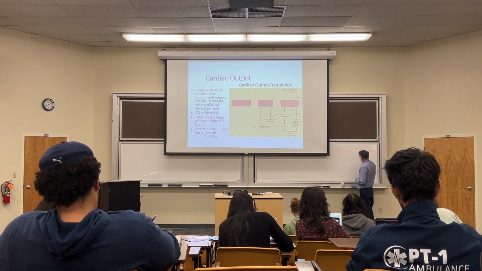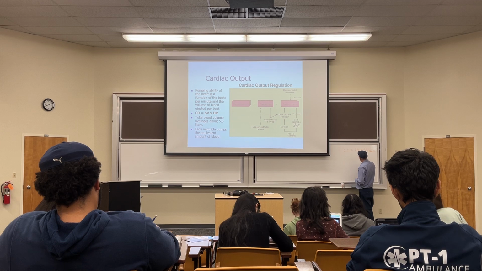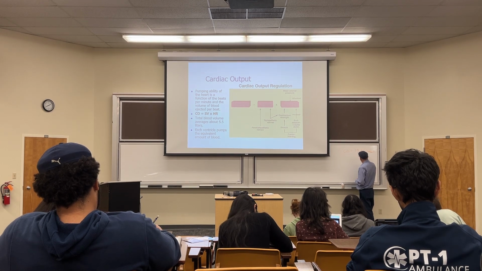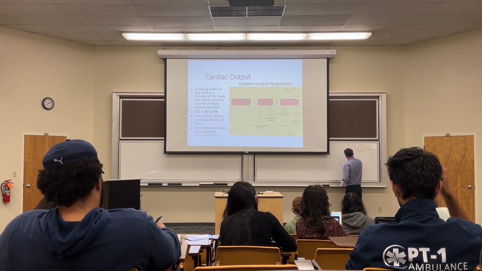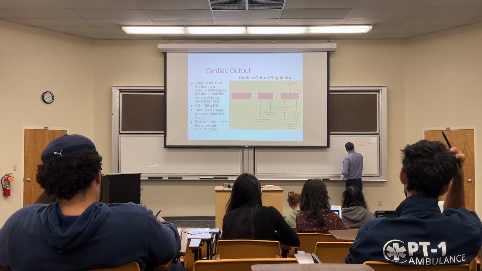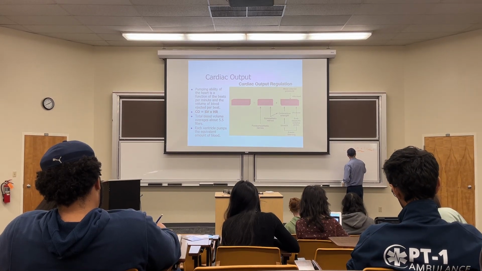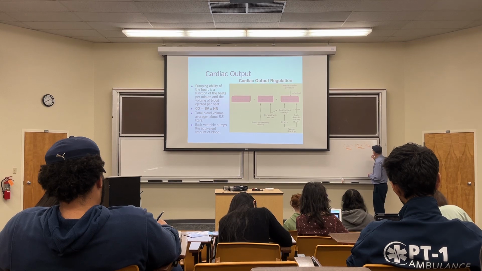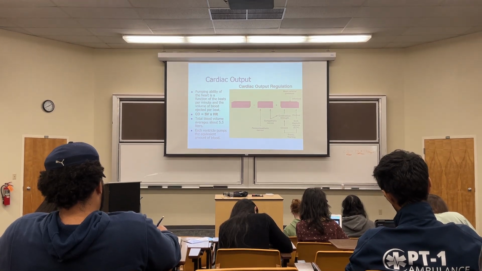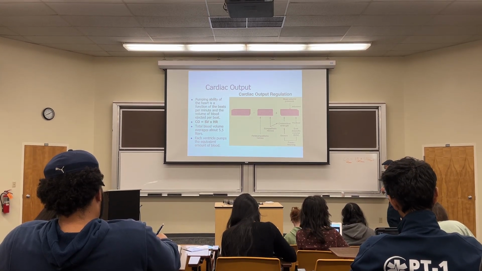Heart rate is in beats per minute. And cardiac output is your volume. We could say milliliters or liters per minute. So the beats would cancel when we're multiplying those. And that's how we're getting our cardiac output.